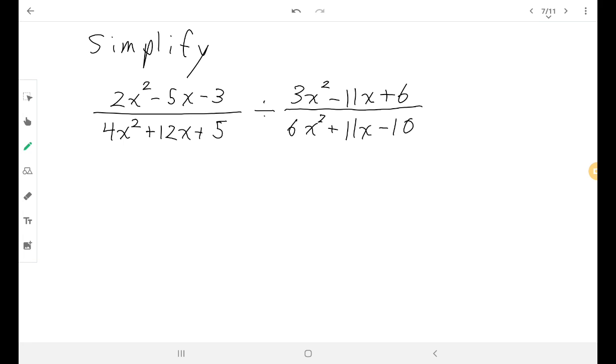This one I've got another thing for. So let's do keep change flip on this one also. And as we do that, let's think about factoring at the same time, okay? So the first thing I always do, when you've got like 2s and 3s at the front there, things get a little weird. But what I do is I say, okay, I need 2x squared, so that's 2x times x.